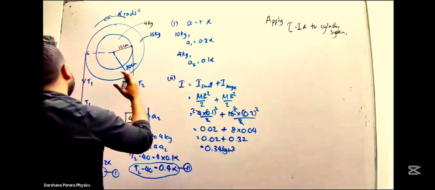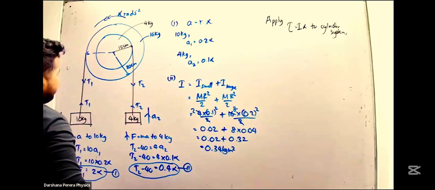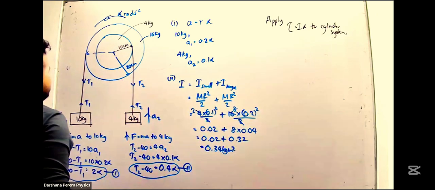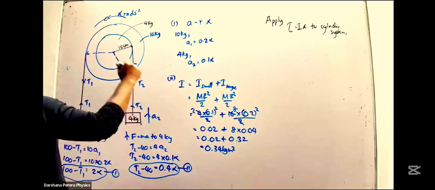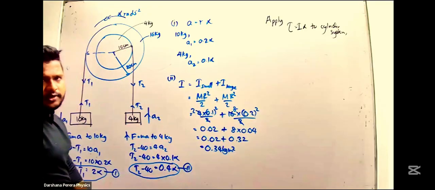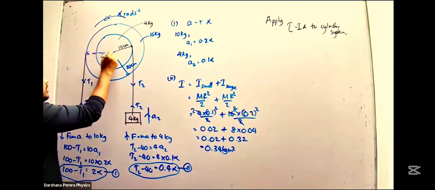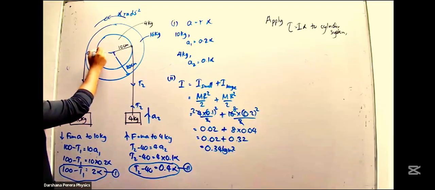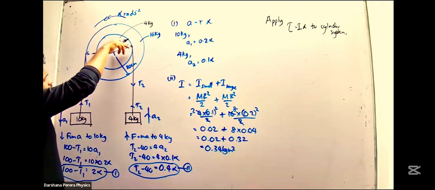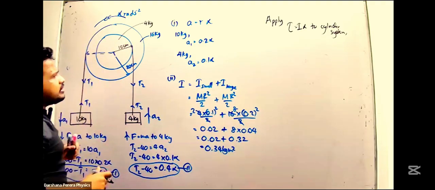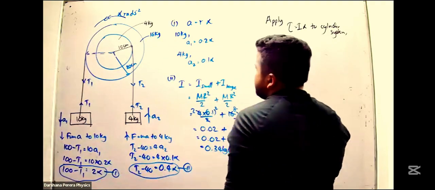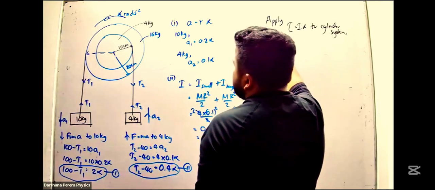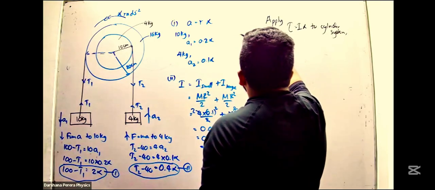T1 rotates in this direction, T2 tries to rotate in this direction. That means we have to take the total summation of the moment. It's very simple: T1 into 0.2 meter, T2 into 0.1 meter.